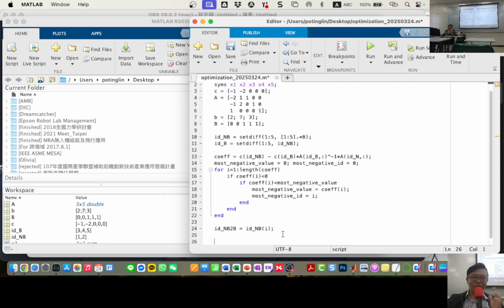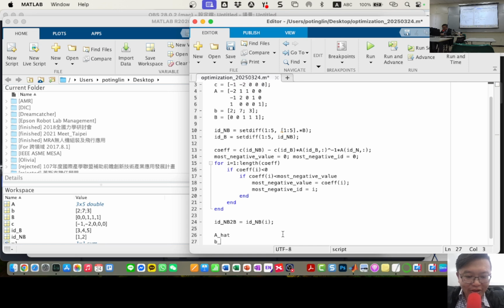Second step, I need to do the ratio test. So I need to compute A hat and B hat, right? And I will basically do A ID basic inverse. I have here, basically this part.